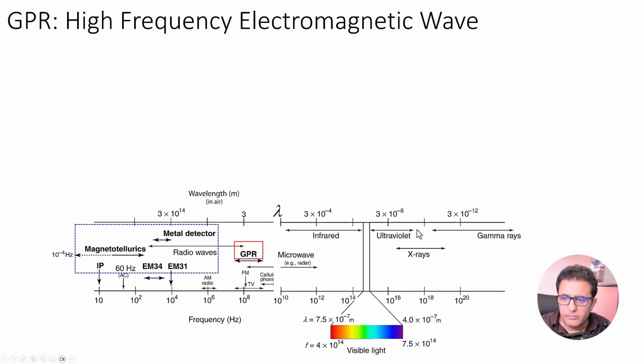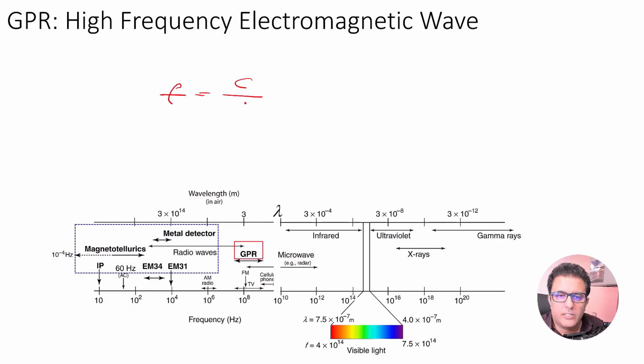So I showed you before the electromagnetic wave spectrum. As you see here at the bottom, it shows the electromagnetic wave frequency, and at the top you see the electromagnetic wave wavelength. And we know that for electromagnetic waves, frequency is linked to wavelength using this equation.